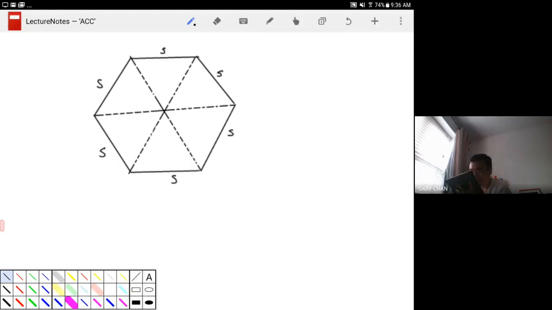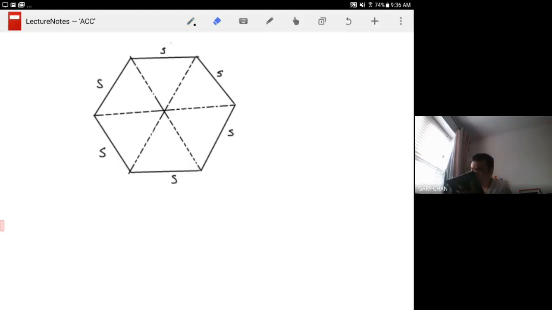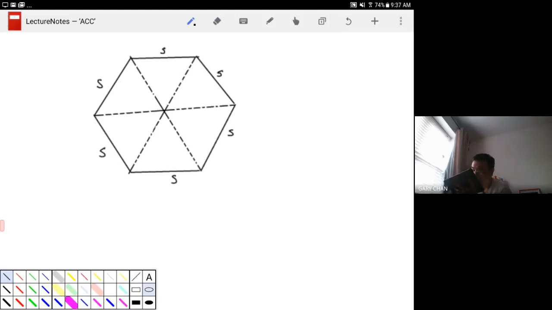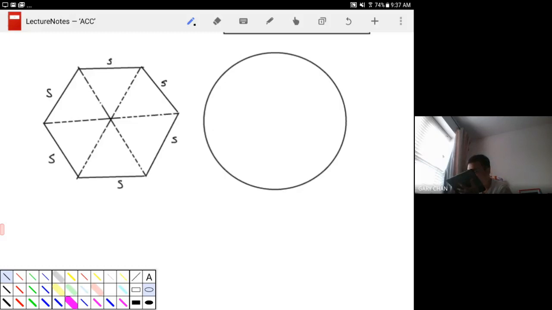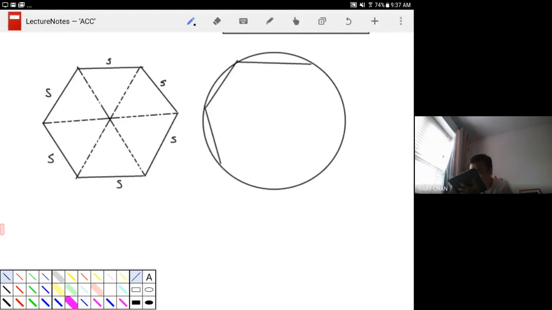If I take this hexagon and do the same thing and inscribe it inside of a circle like so, you're going to see that all those dashed lines that I drew in the diagram on the left there, they must be what?